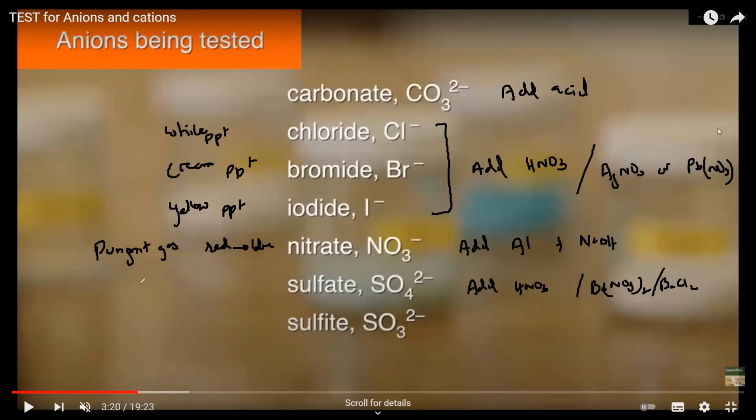The result will be a white precipitate. For sulfite ion, we add hydrochloric acid, HCl, and we heat. The gas released will turn the purple acidified potassium manganate to colorless.